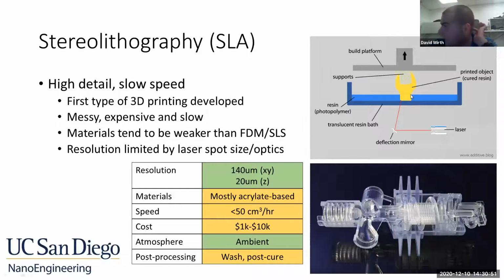Because similar to FDM, you've got this laser scanning back and forth, but instead of FDM, where you've got a point that's squirting material out as fast as you can, this laser has a limited speed, and it's limited by the dose response of your chemical precursors. And also, your spot size is very small. Generally, the spot size is 140 microns. And that's really as small as you can make it with the laser, because you have kind of blooming effects with these ultraviolet lasers.